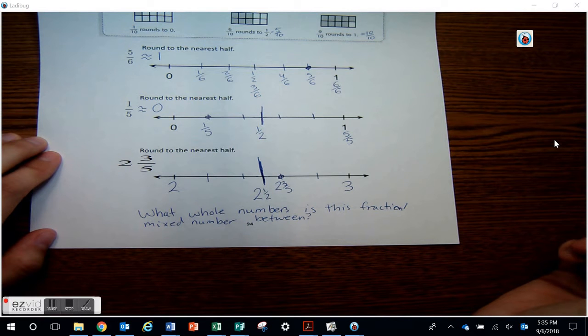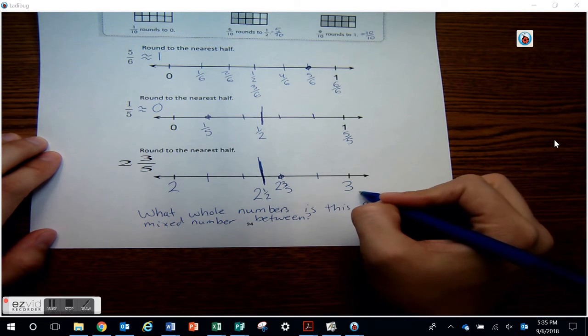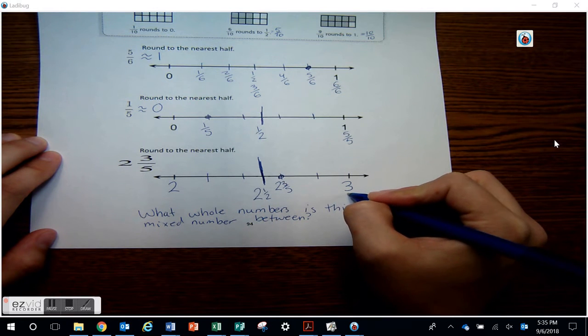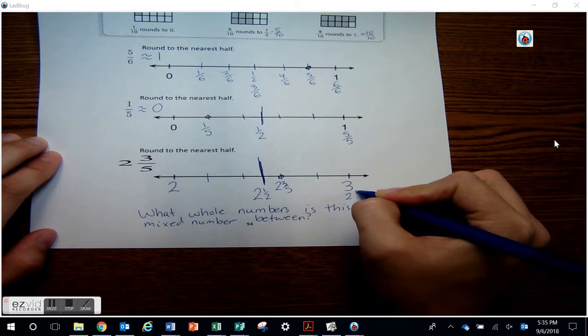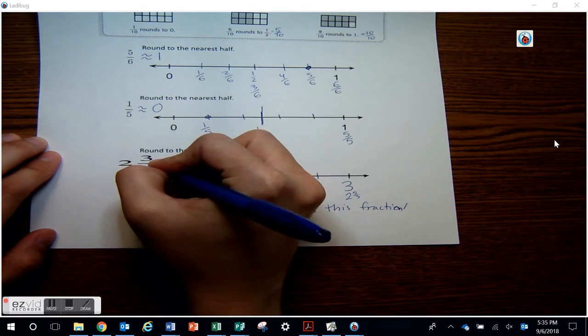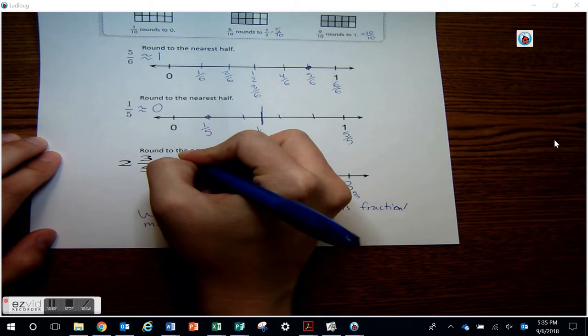Okay, I'm going to make that really big so I don't get confused with my fifths. 1/5, 2/5, 3/5. This is our 2 3/5. What would you round that one to?